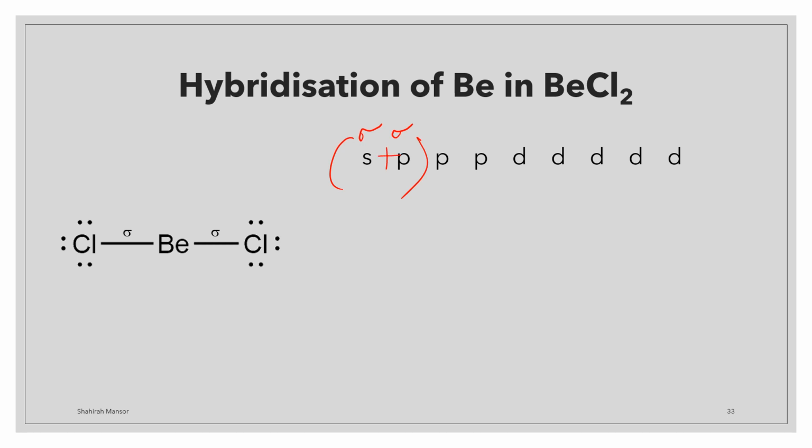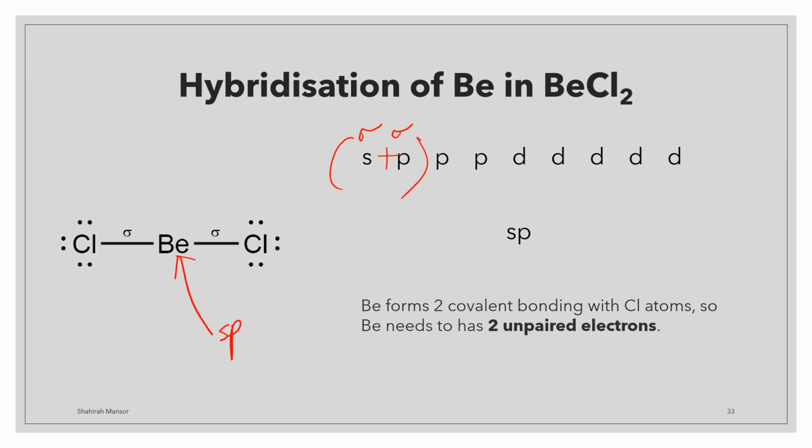So, mixing di antara satu S and satu P will give us sp hybrid orbital. So, beryllium akan mempunyai sp hybrid orbital. And from the Lewis structure over here, we can see that beryllium membentuk dua covalent bonding dengan Cl. So, meaning that beryllium need to has two unpaired electrons.